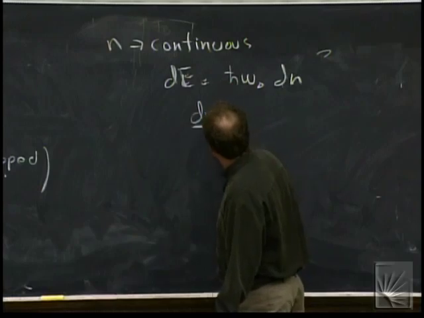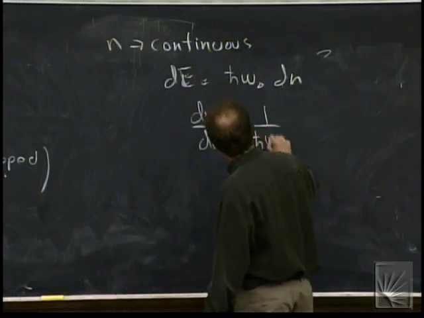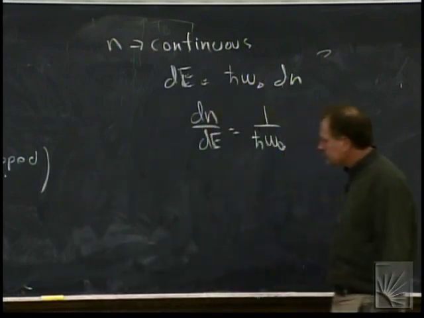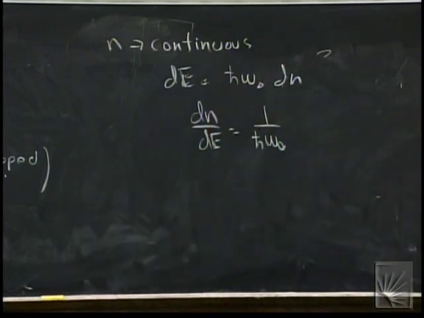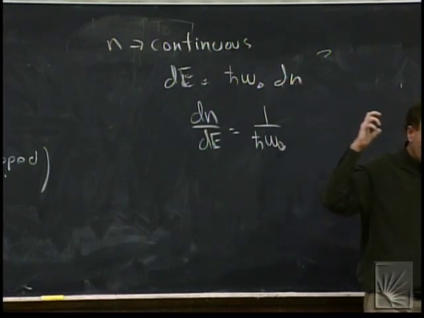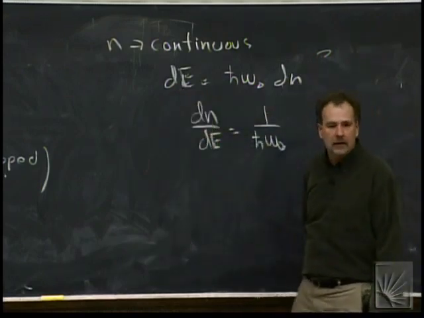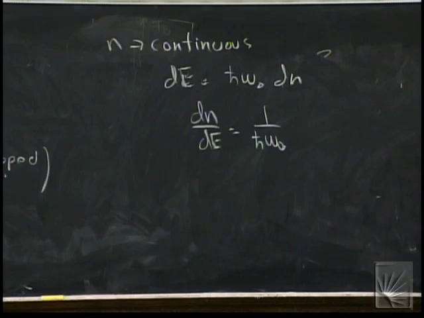Rewriting this, dn/dE is 1 over h bar omega naught. I said it backwards. If I told you the energy was some value such that n was up near 100, and I told you I had a range of dE, then how many states would there be?